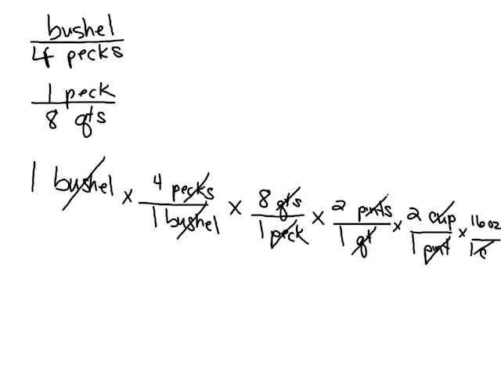Cups, gone. Left with ounces. And then do the math. 1 times 4 times 8 times 2 times 2 times 16, 2,048 ounces in 1 bushel.